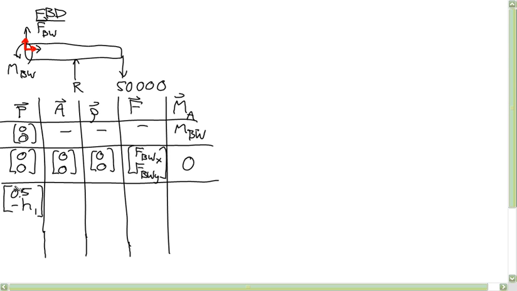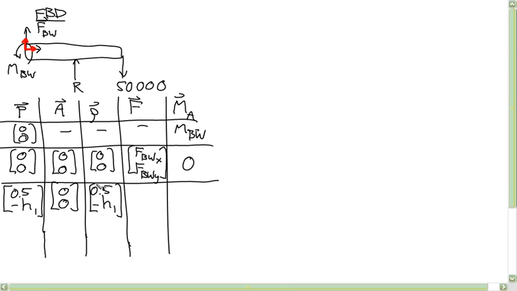I mean, we could put a number in there if I had told you the thickness of that beam was 1/4 of a meter or something. 1/2 H1. Well, let's just call it H1. The about point is 0, 0. So rho then is 0.5, negative H1.